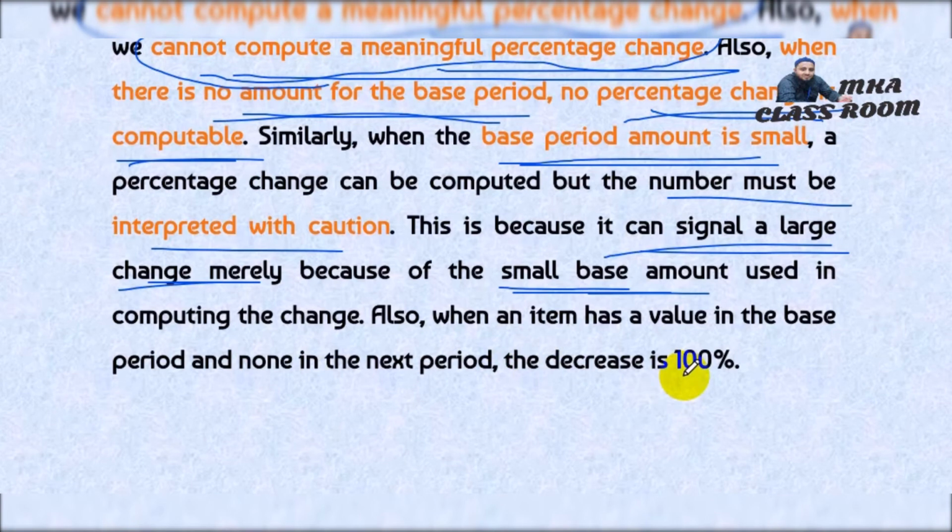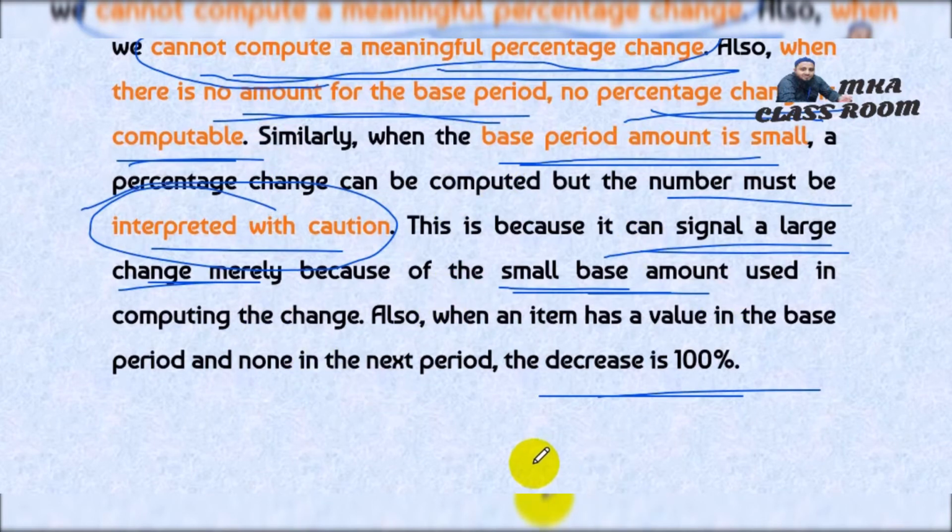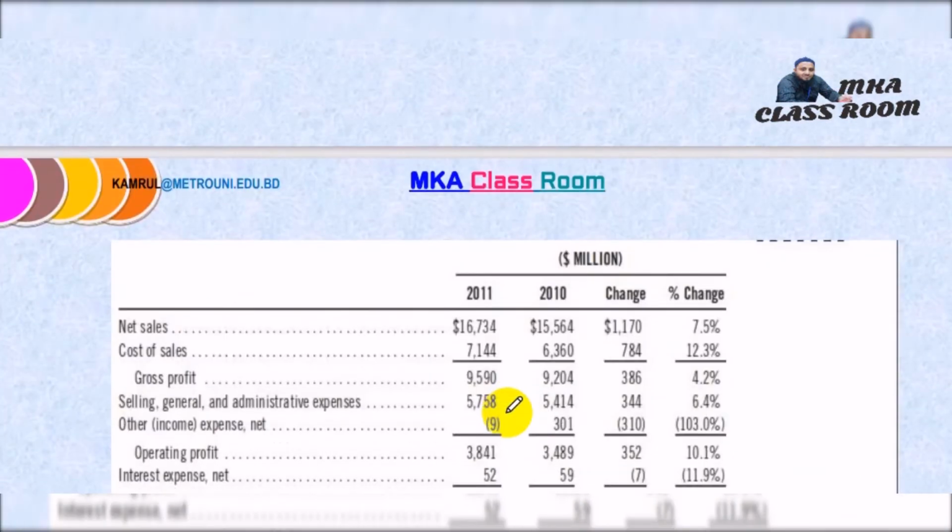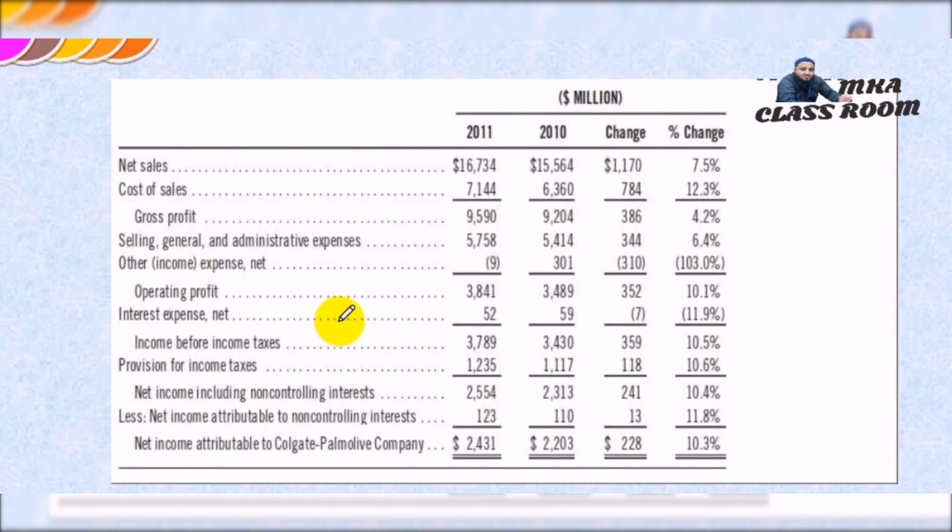Also, when an item has a value in the base period and none in the next period, the decrease is 100%. So that's why you have to interpret this type of amount very carefully. So here as an example, we will see.